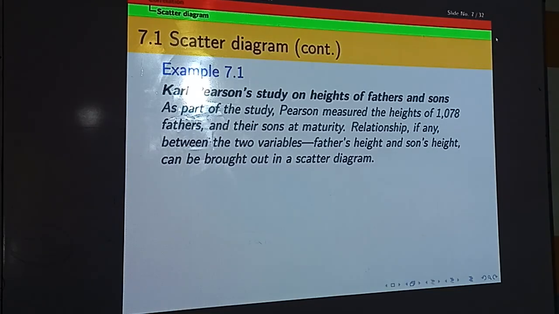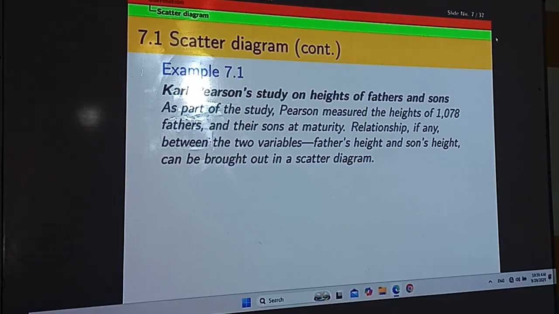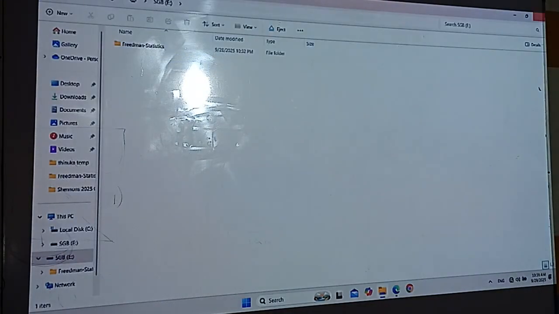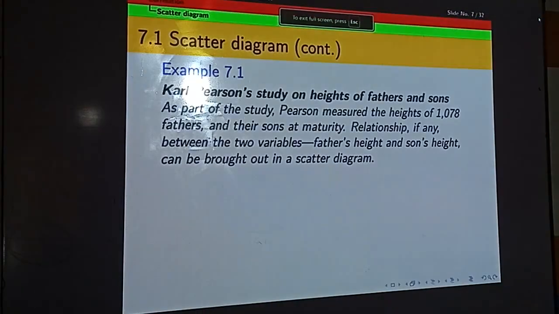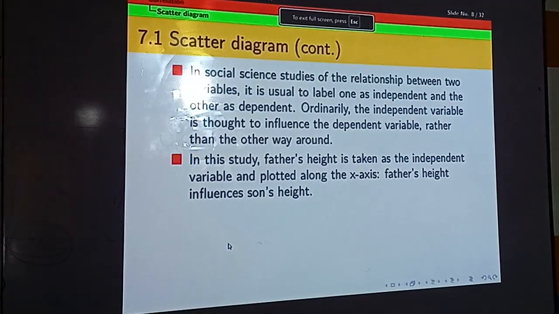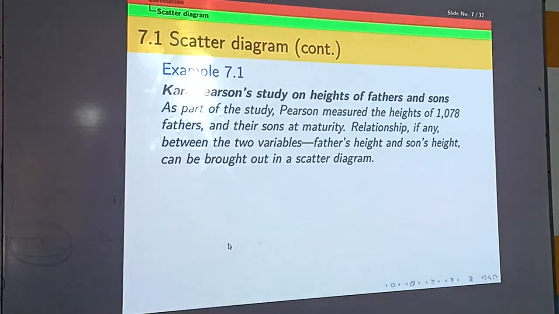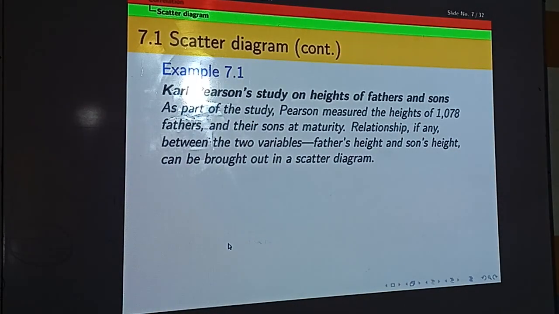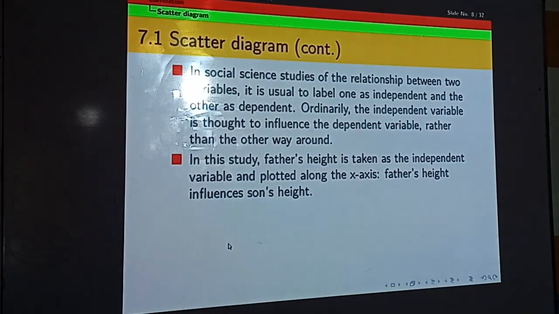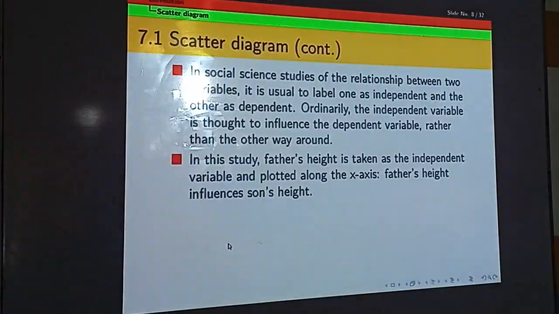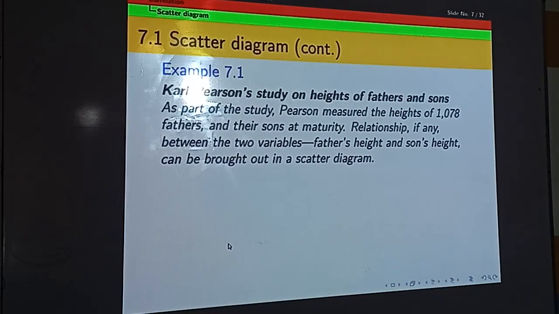It's not clear in the data. Anyway, they have looked at some relationship between father's height and son's height. I don't have the data. So that is one example.